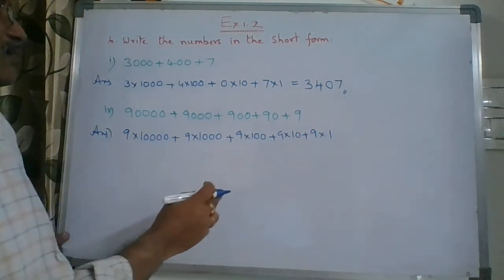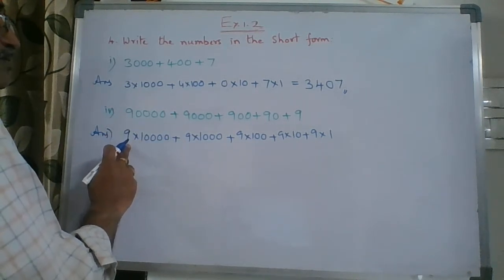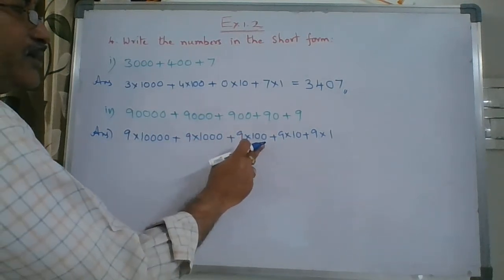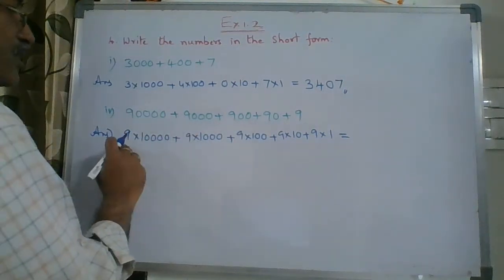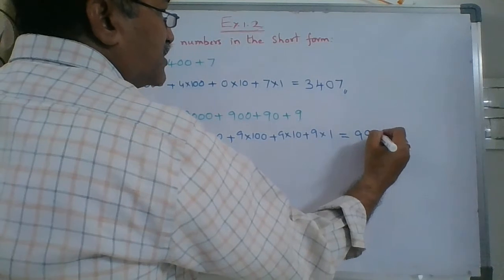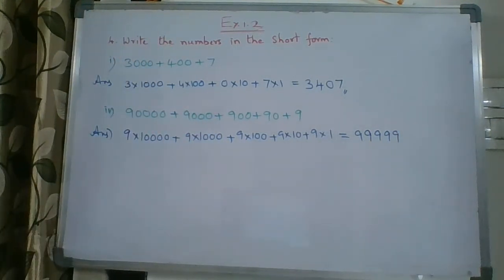In all the places we have the digits. This is the 10,000s place, thousands place, hundreds, tens, and ones. Therefore, we write all these digits 9, 9, 9, 9, 9. So this is the answer, 99,999.